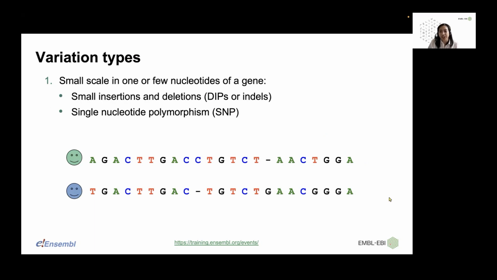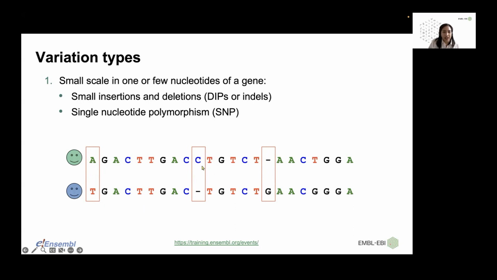So small scale variation types can include small insertions or deletions, which are also called dips or indels, or these can be single nucleotide polymorphisms. These are also called SNPs. And these are changes in the nucleotide. For example, for this very first one, in our reference sequence, we have an A, but in our own sequence, we have a T. This would be a SNP, a single nucleotide polymorphism.